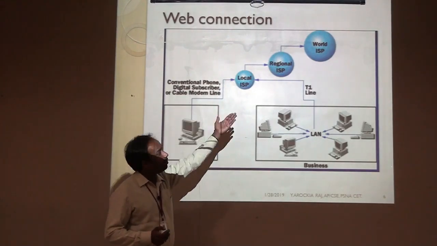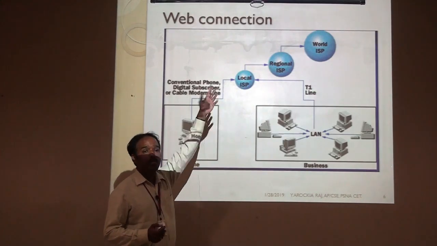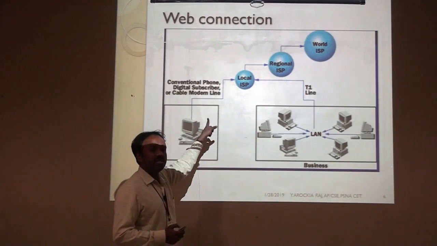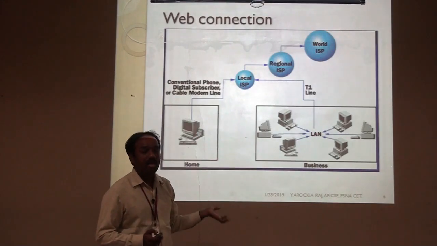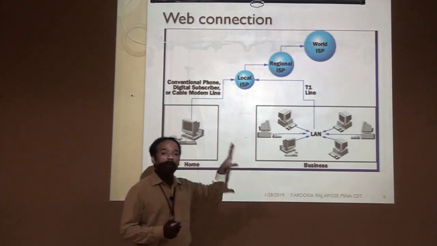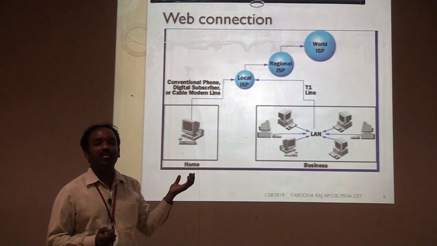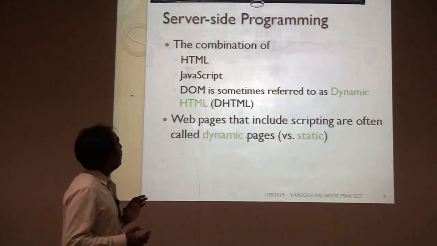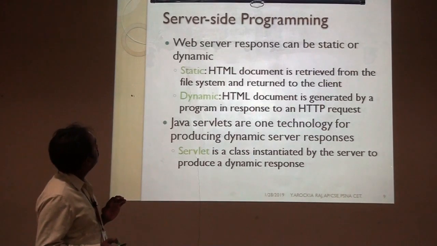If it is not available in the regional, it will be moved to the world level. Anyhow, any ISP can handle each and every request from its clients, and the response will be provided to the particular clients.